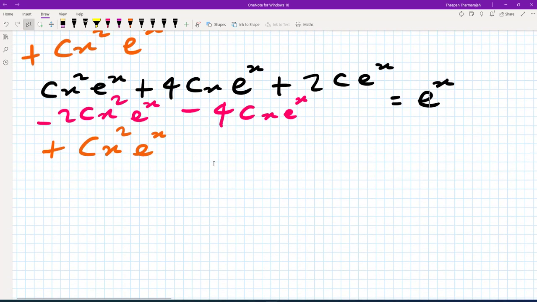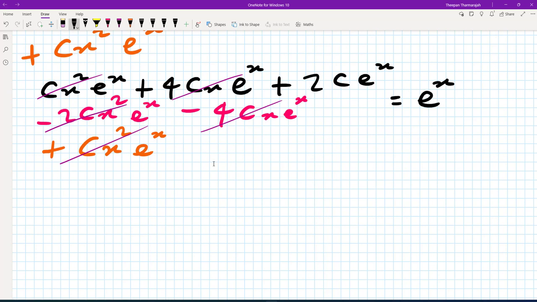Now we're going to get cx squared e to the x minus 2cx squared e to the x plus cx squared e to the x, they all cancel out, so you cross those out. Then we get 4cx e to the x minus 4cx e to the x, they cancel out.